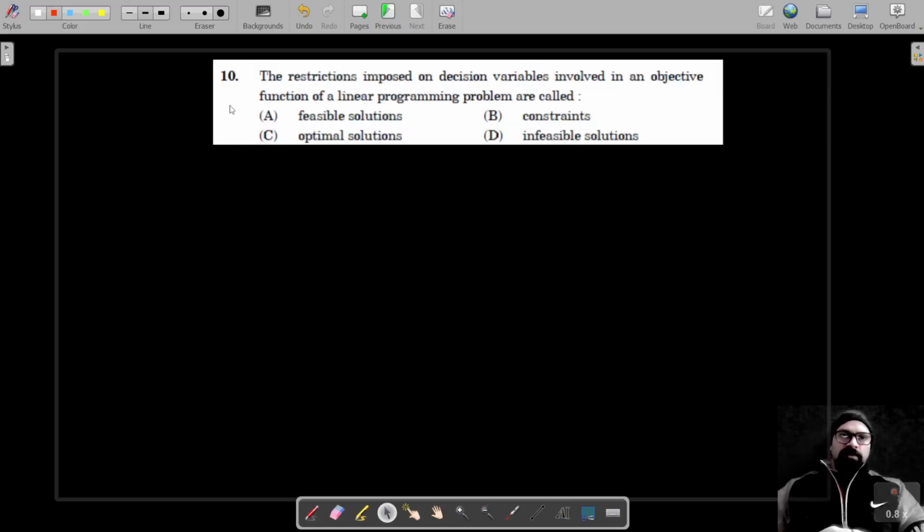Okay, for question number 10, we are asked what are the restrictions imposed on decision variables involved in an objective function of a linear programming problem called. So these are constraints, and you might have noticed that the objective function is given by something like 10x plus 5y.